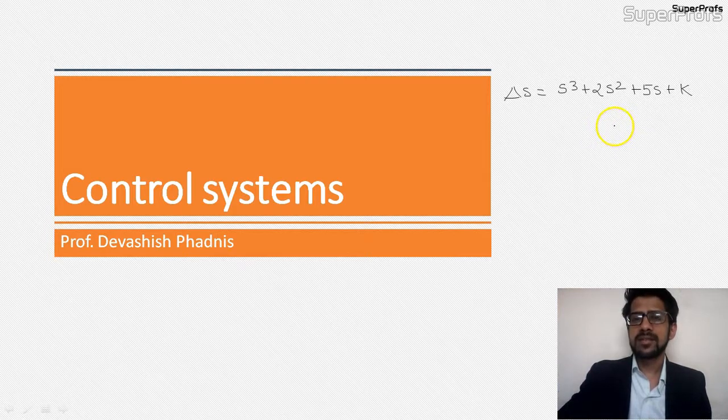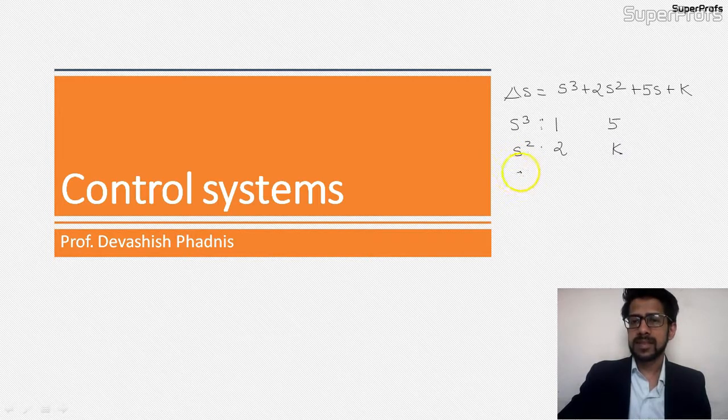Now we have to find out the range of values of k for which this particular system with the characteristic equation given will be stable. Now we will form the Routh array. By forming the Routh array, we have the following table. Two and k here.